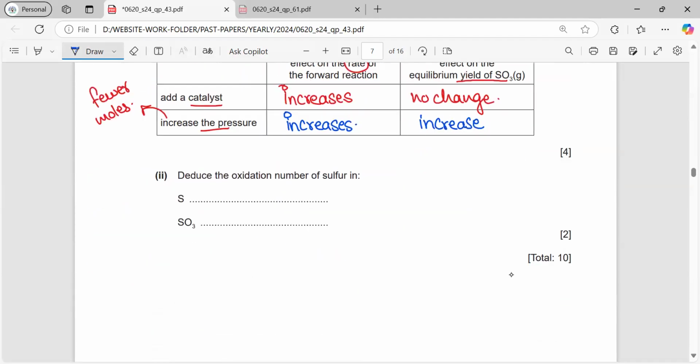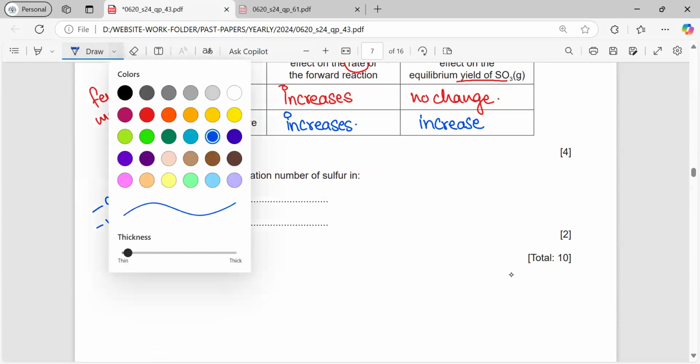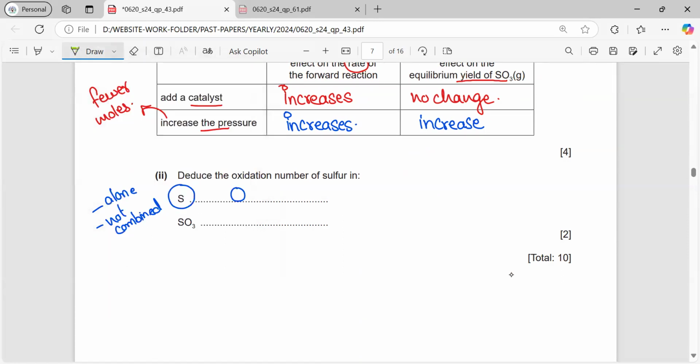Deduce the oxidation number of sulfur in sulfur and sulfur trioxide. In sulfur, as the sulfur is alone here and not combined with any other substance, the oxidation number will be 0. And as for the sulfur trioxide, SO3, oxygen is always 2 minus because oxygen is in group number 6.